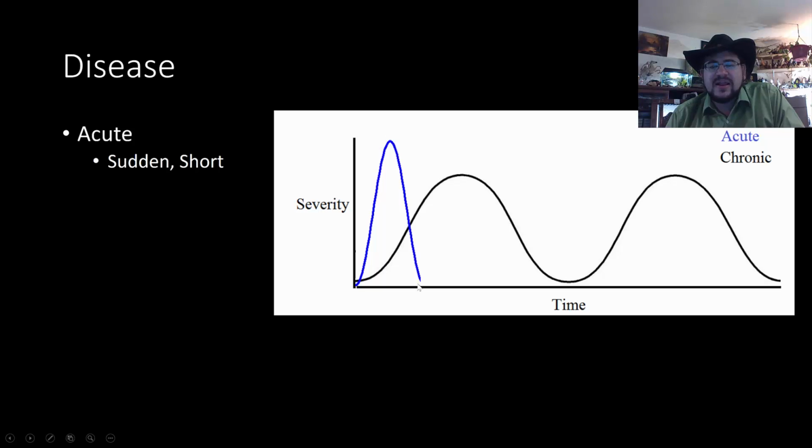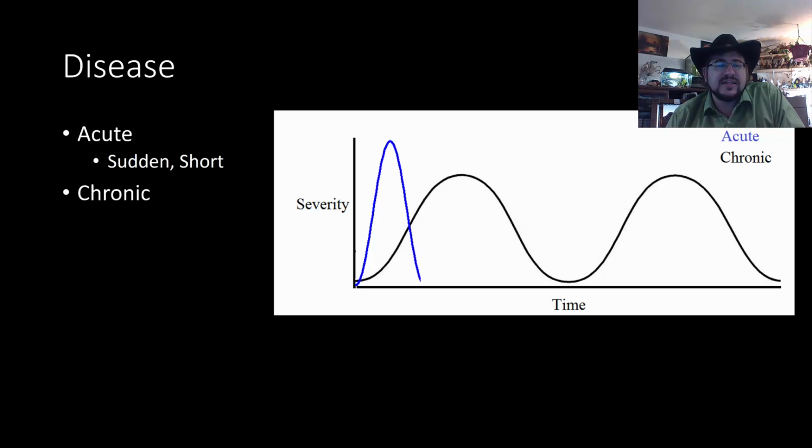So you'll often find the highest severity, highest danger in the acute phase or an acute disease. In general, the flu is an acute disease. Sudden onset, short duration, can be very severe.